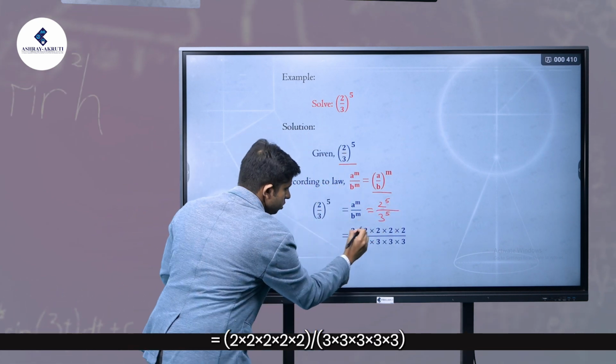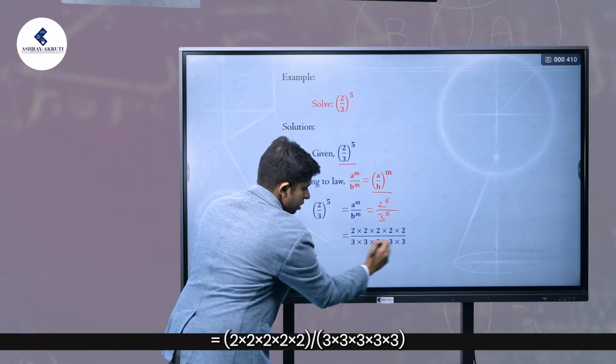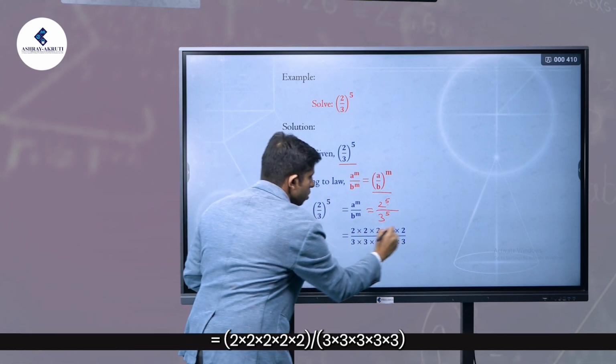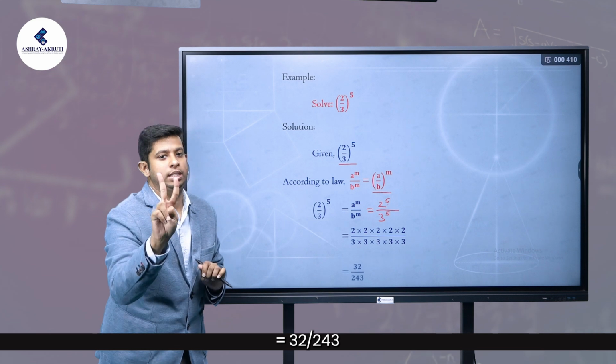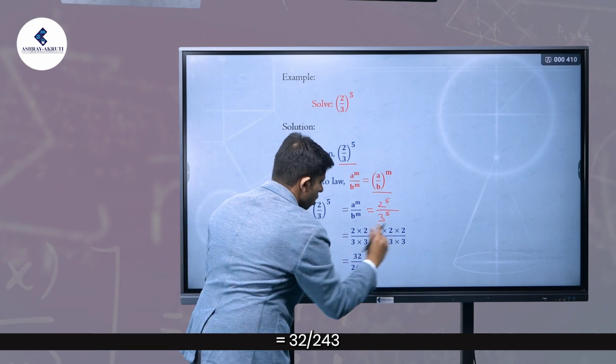This is equal to 2 into 2 into 2 into 2 into 2 by 3 into 3 into 3 into 3 into 3, which is equal to 32 by 243.